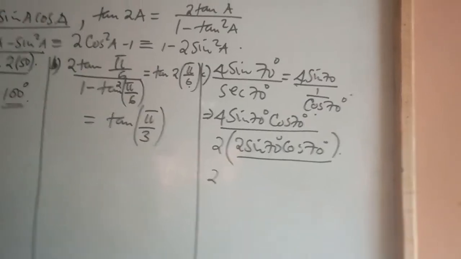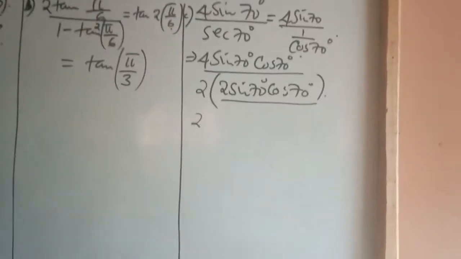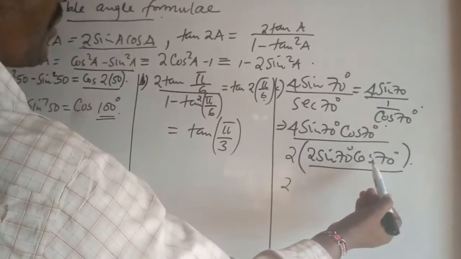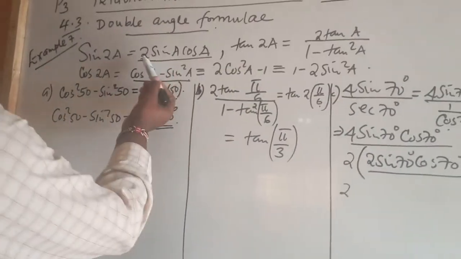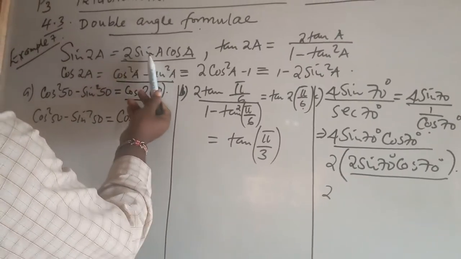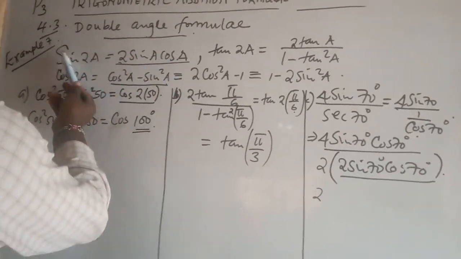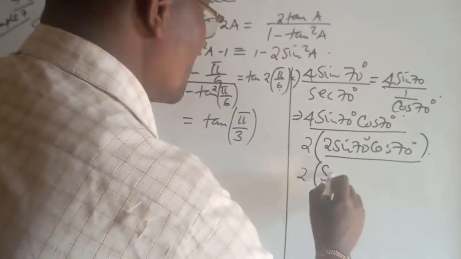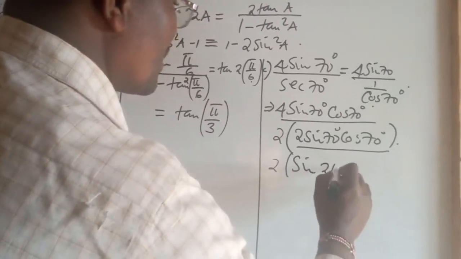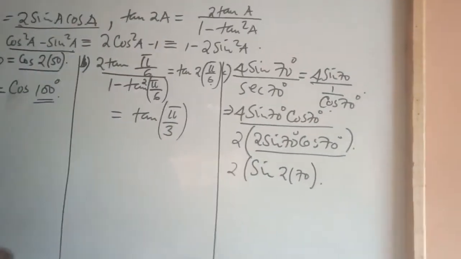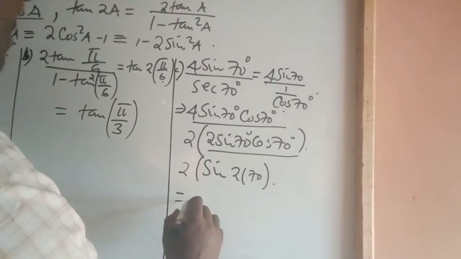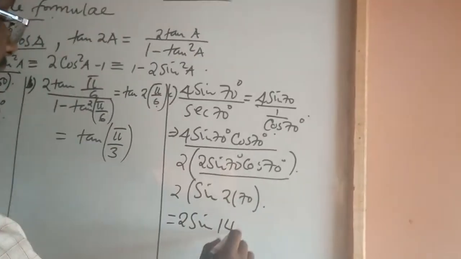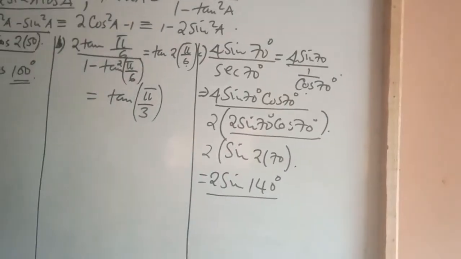This is supposed to be 2 multiplied by the sine of 2A. Not the cosine, but the sine. This is 2 sine 70 cosine 70, which should be compared with 2 sine A cos A to mean sine 2A. So this part is simply sine of 2 times 70, because our A is 70, which is 2 sine 140 degrees.